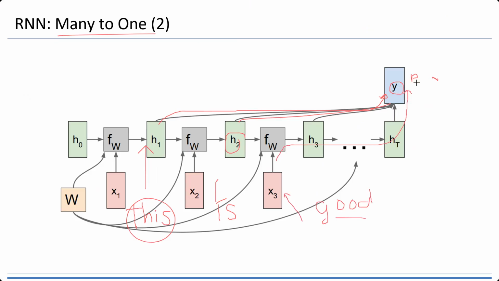If we have more confidence about the result, then the probability will be high. If the probability is high, then the loss may be small. If the loss is small, then we can say the prediction is good. So this is another structure for many-to-one.